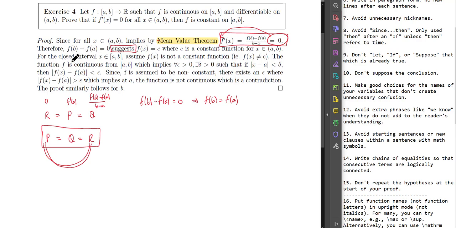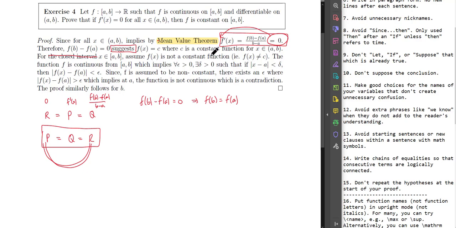Now let's see. For the closed interval, x in [a, b], well, x is not a closed interval. So maybe we'll just say for x in (a, b), assume f of x is not a constant function. Well, that directly contradicts what you said up above, unless maybe you really meant suggests, in which case you shouldn't use it anyway, but you could just eliminate all this.